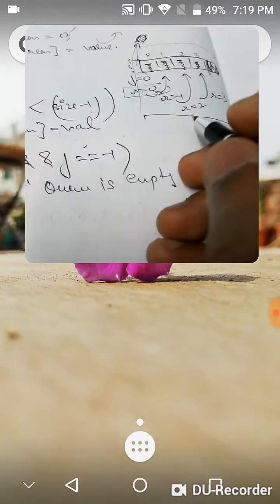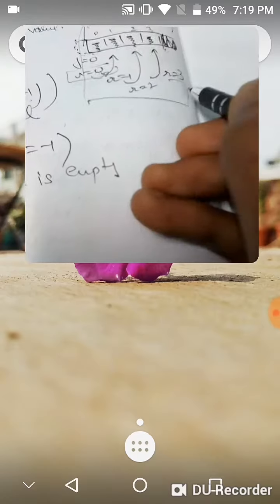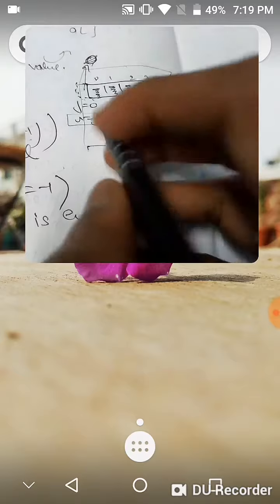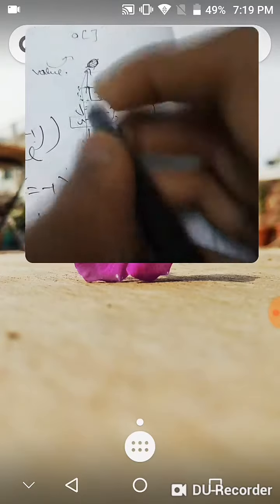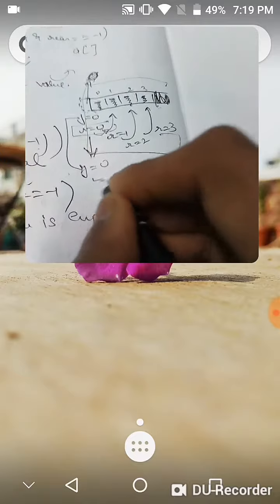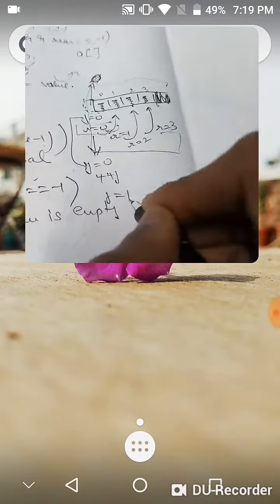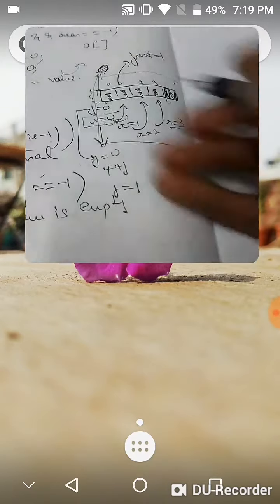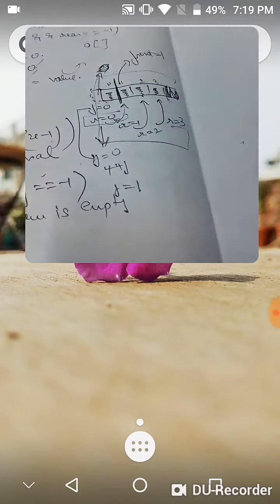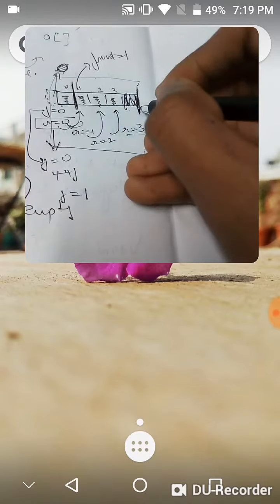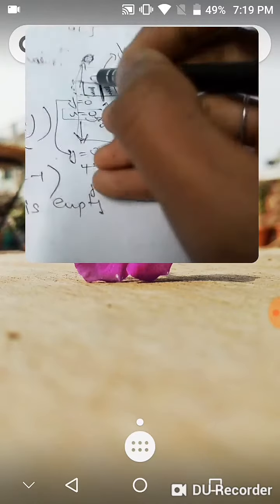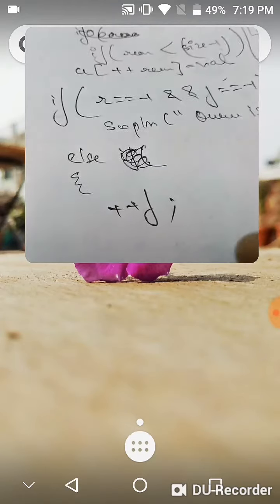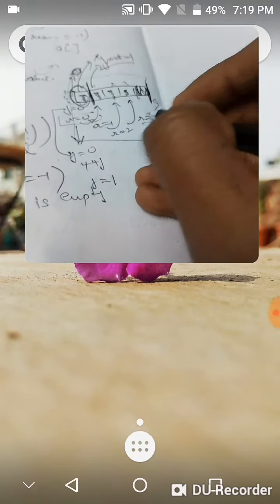That is, if suppose I have filled till 3, then I want to remove an element, I will do ++front, so front will become 1. Now front will come here. So now front is here and rear is here. So this element has been removed, and at the end we are going to print from front till rear.